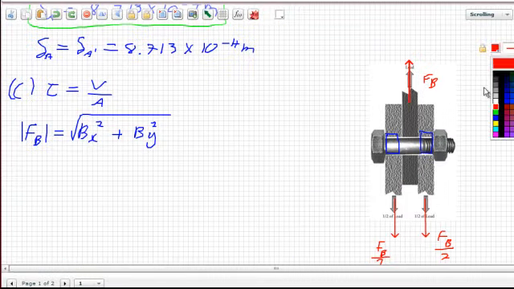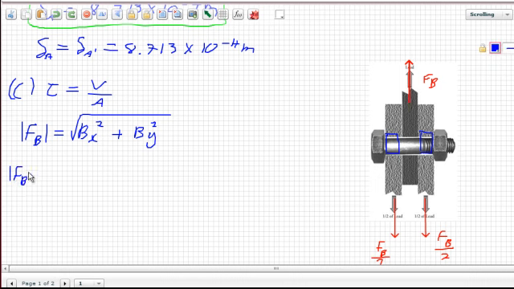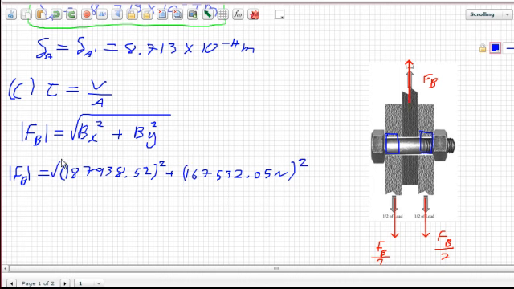So I'm just gonna take Bx and By, square them and add them. So what I'm gonna have is as follows. The magnitude of the force Fb is gonna be 187,938.52 squared plus 167,532.05 squared, and then we take the square root of all of this.